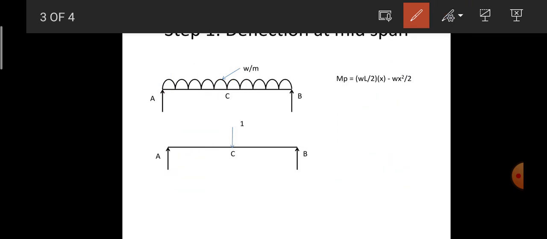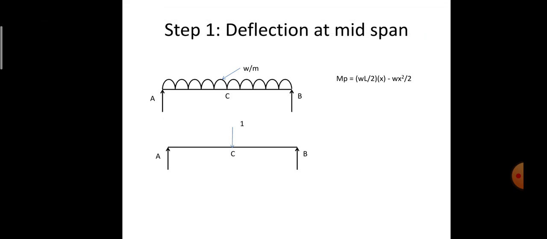So this is the moment due to the application of the real load at the distance of X: VA into X, which is positive because it is clockwise, and W into X square divided by 2, which is anti-clockwise.